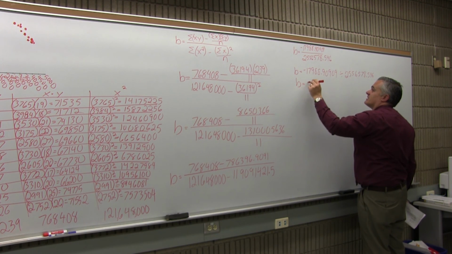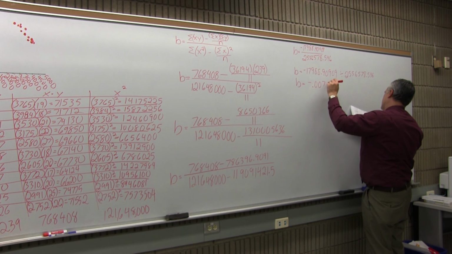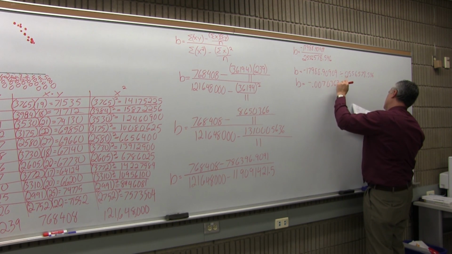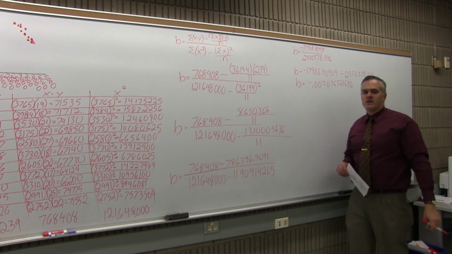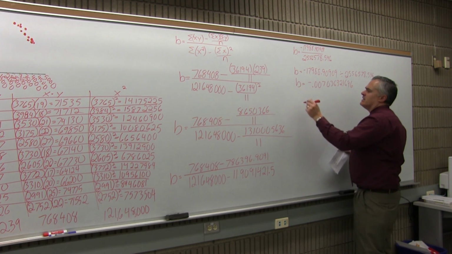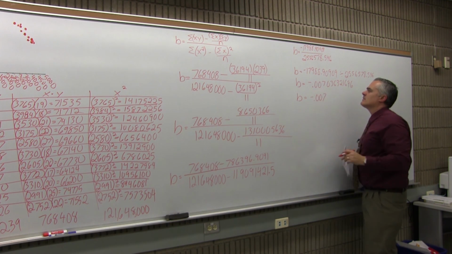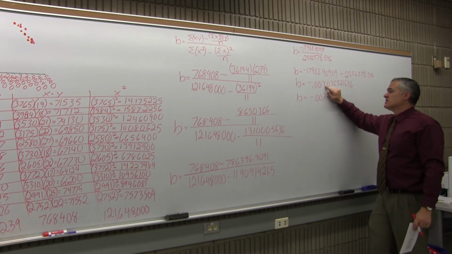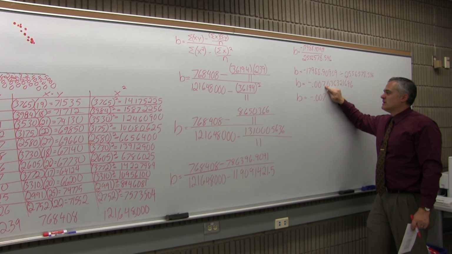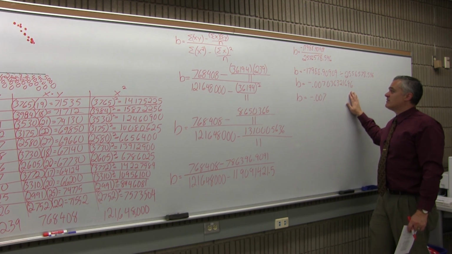And the calculator is going to tell you that's negative 0.007036321696. I definitely don't want that many decimals. Let's round it off a little bit. Negative 0.007. The fourth digit out is a 0. It's not really big enough to make it a negative 0.008. So we'll stop it at negative 0.007. So we're letting some of these digits run off.